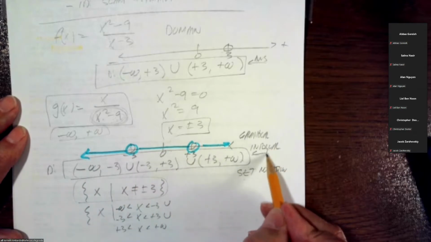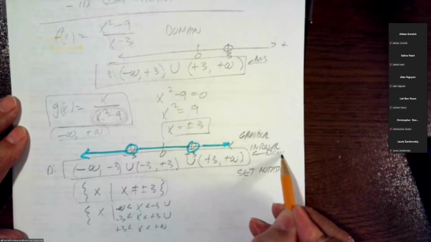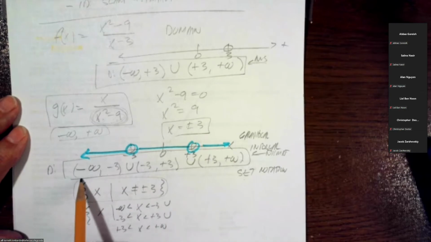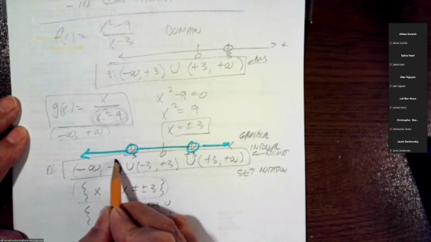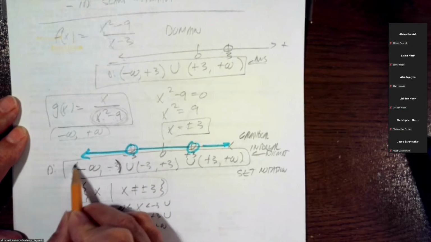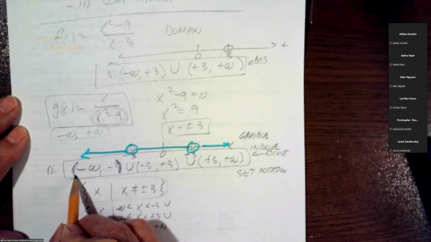In interval format, it would look like x can be any value from negative infinity to negative 3. The parenthesis here says we don't include the 3. This parenthesis says we don't include the negative infinity.